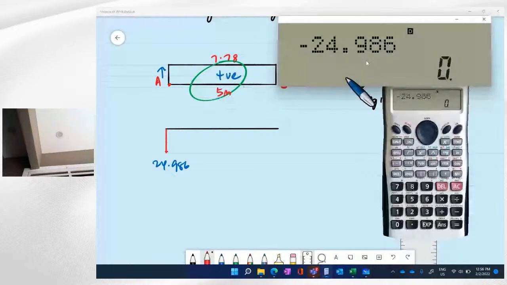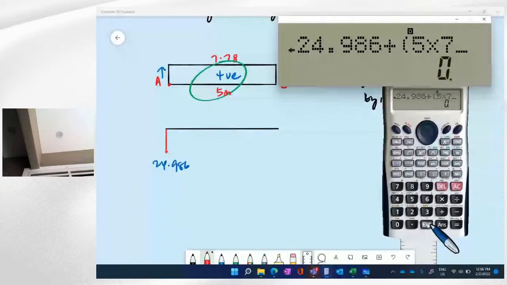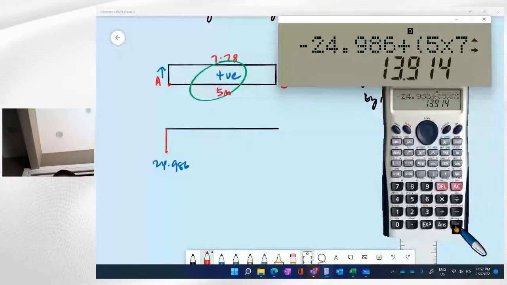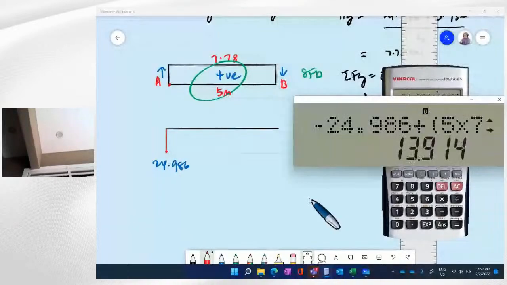So we have to plus the area. What we get is 13.914 here.